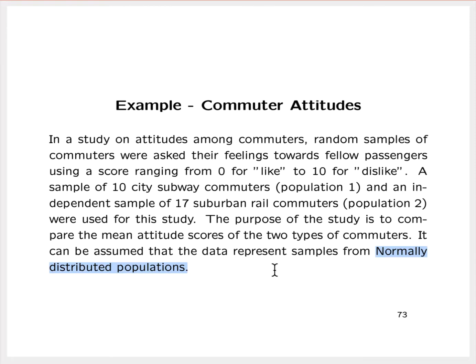Ideally, if we had a larger sample, then we could appeal to the central limit theorem. But the samples are not that large here. But if the populations are really not too terribly skewed, then samples of size 10 and 17 actually may be adequate for the central limit theorem to kick in. So anyway, we're going to go with this assumption, but I just wanted to point that out.